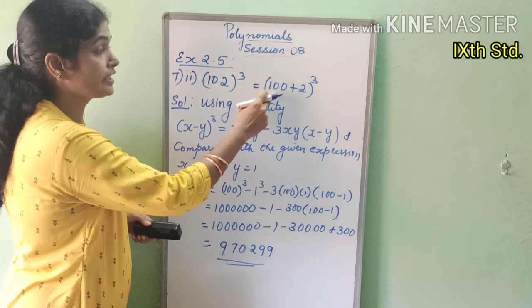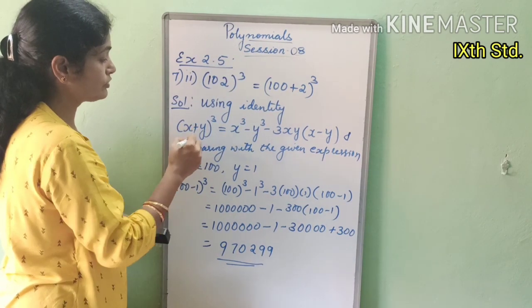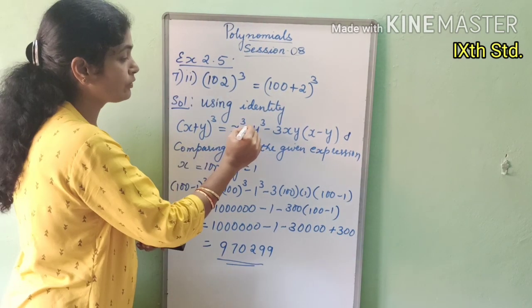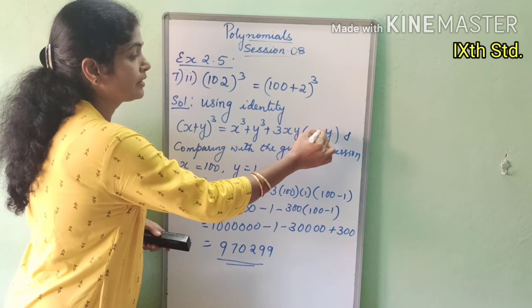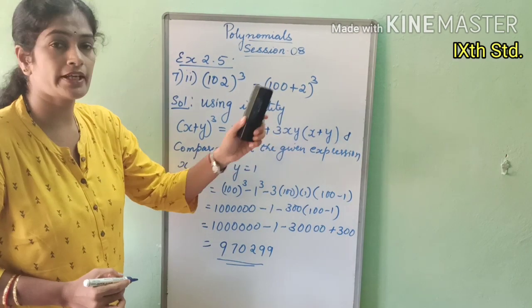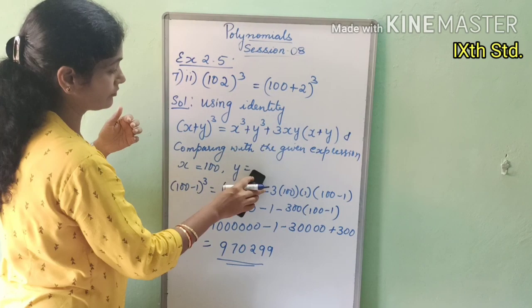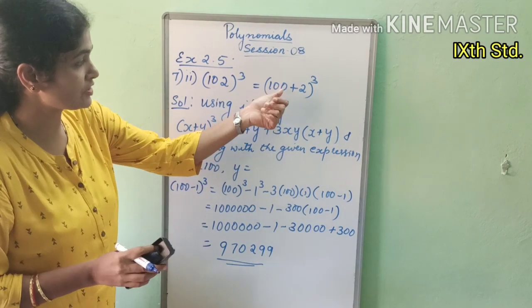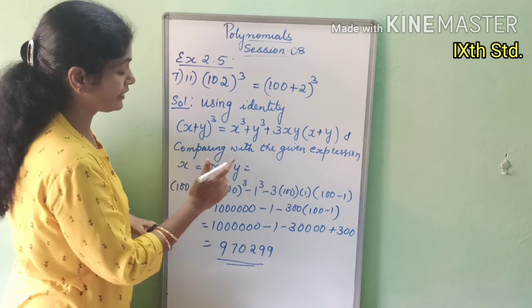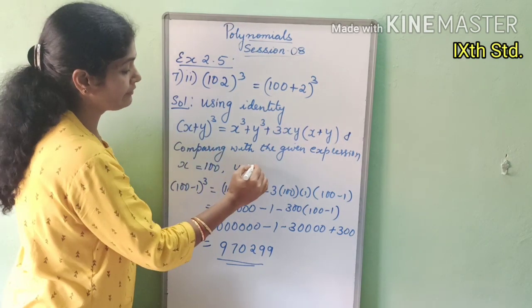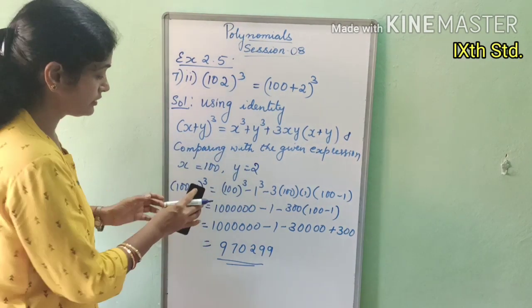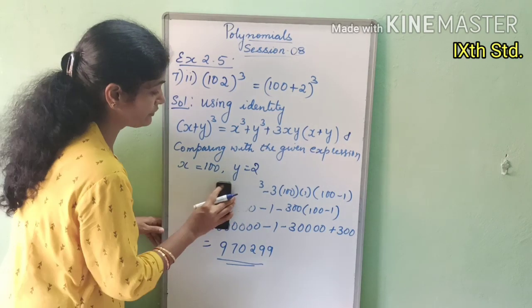Now which identity? x plus y whole cube. You will use x plus y whole cube equal to x cube plus y cube plus 3xy into x plus y. Comparing it with the expression, you will get x equal to 100 and y equal to 2. Now substitute it and find the value.